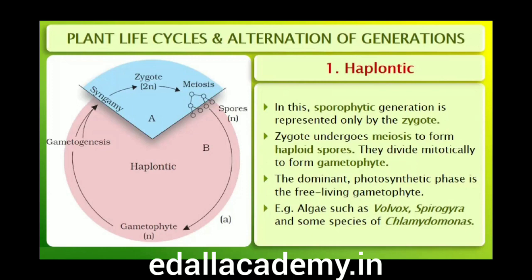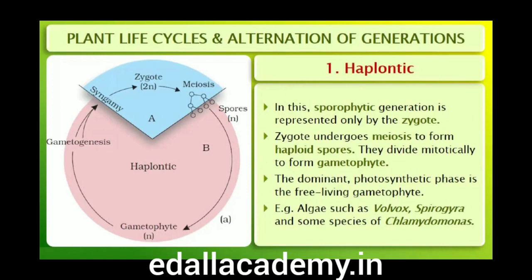Sporophytic generation is represented only by the one-cell zygote. There are no free-living sporophytes. Meiosis in the zygote results in the formation of haploid spores. The haploid spores divide mitotically and form the gametophyte. The dominant, photosynthetic phase in such plants is the free-living gametophyte. This kind of life cycle is termed as haplontic.